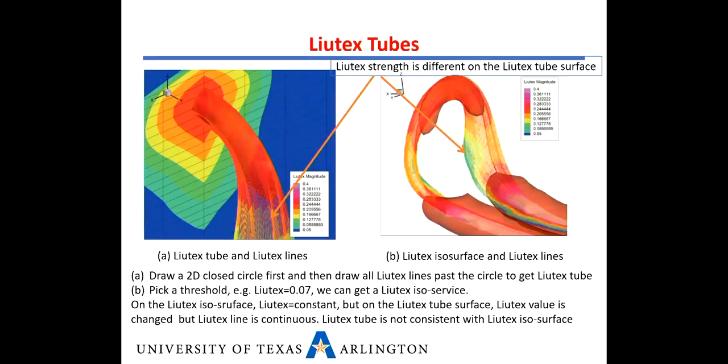The Nutex lines maybe have different strengths. Because you have a Nutex field, right? It's a vector. You have the Nutex vector as a field. So you have the field, then you can have the Nutex line. Nutex lines form the vortex tube. This is different from isosurface, a totally different concept.